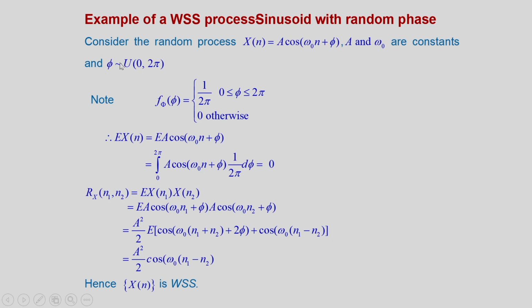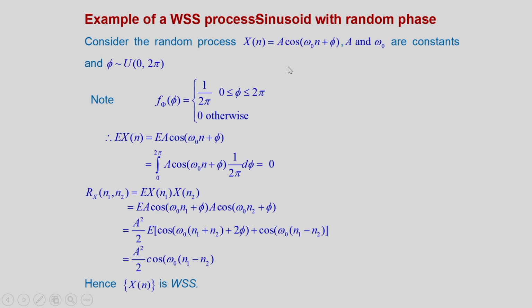If we model phi as a uniformly distributed random variable, between 0 to 2 pi, this phase part is a random quantity which is uniformly distributed between 0 to 2 pi.